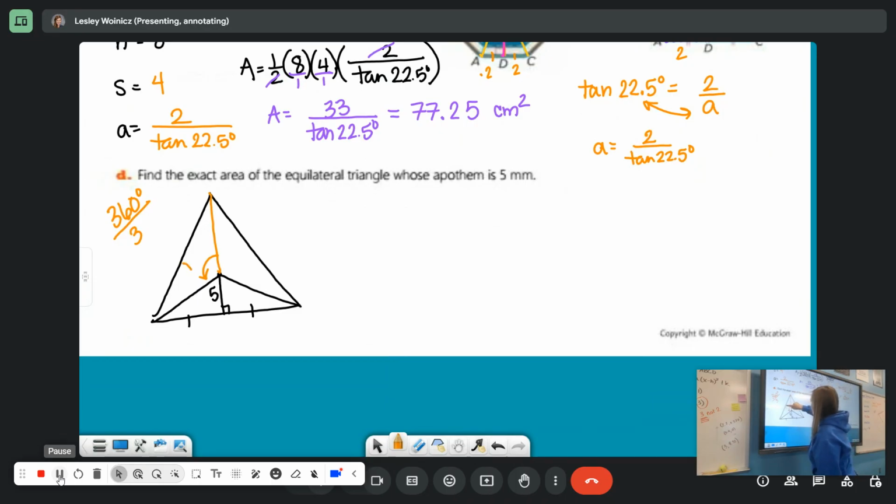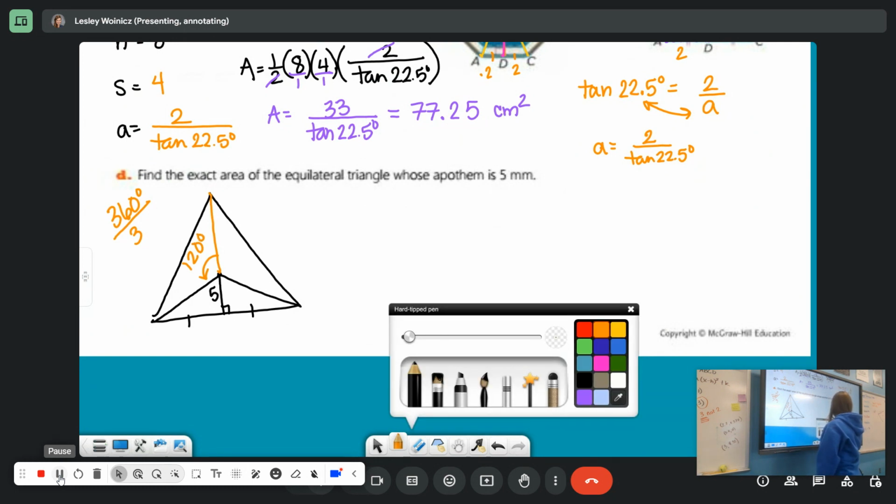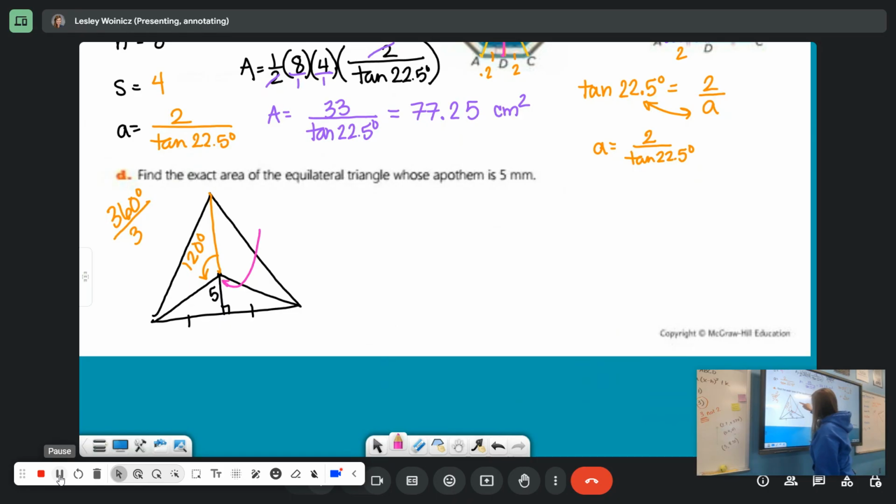Wow, that was not as hard as I made it. Okay, so that one's 120, which means that this one here is 60, because my apothem bisects my 120 degree angle. And if that one's 60, this one's 30.